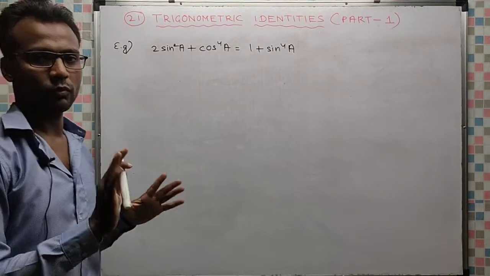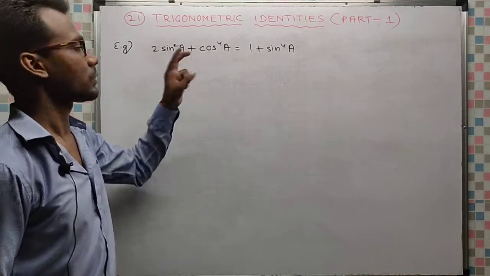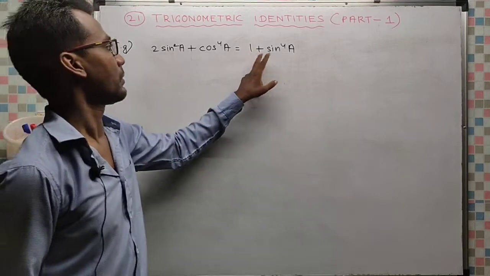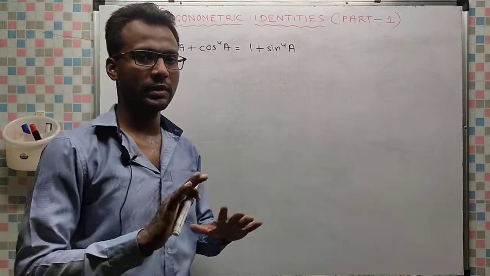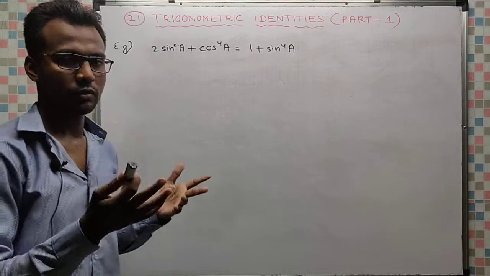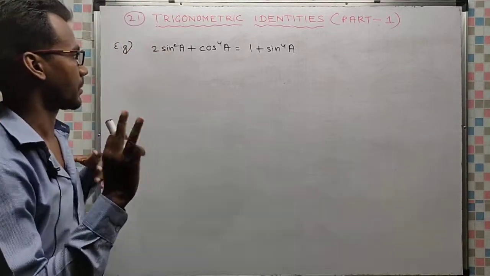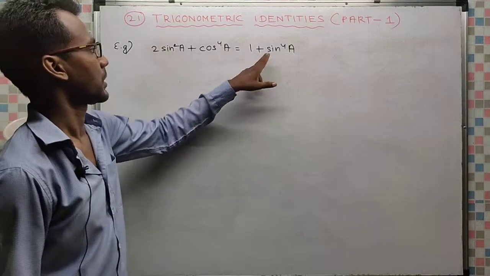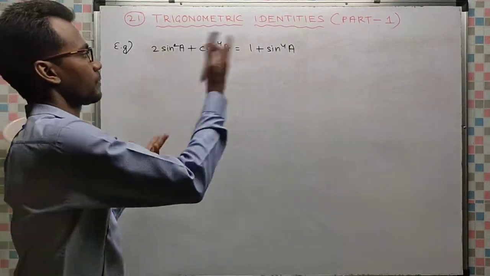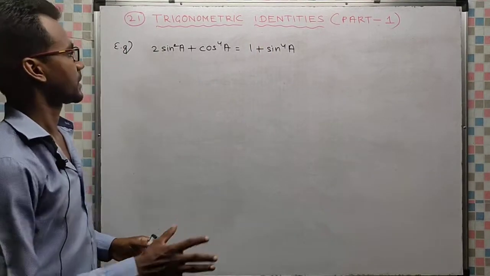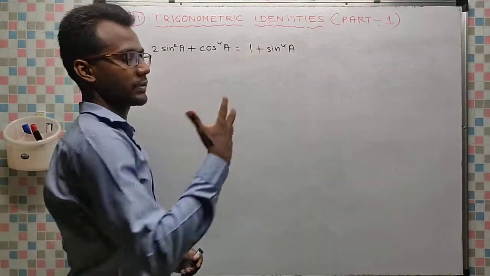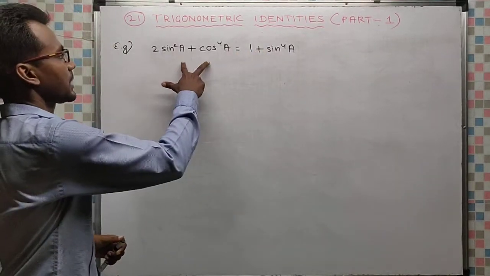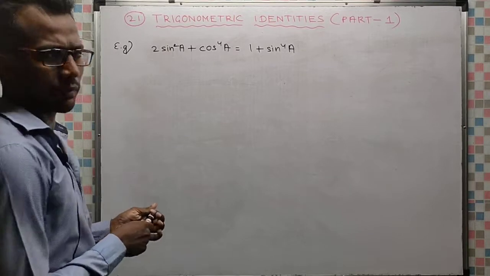So compare which one is more complicated. 1 to 2 terms on the left hand side, 1 to 2 terms on the right hand side. Both sides seem to have the same number of terms. The highest power here is 4, and here also power 4. But only here is 1, which is very simple. So definitely the left hand side is more complicated. So let us start from the left hand side.